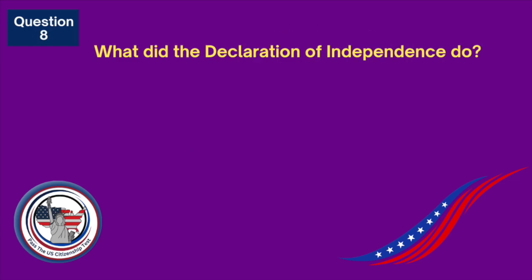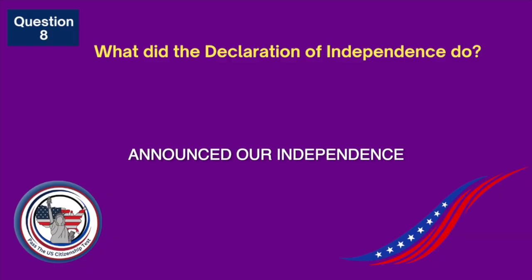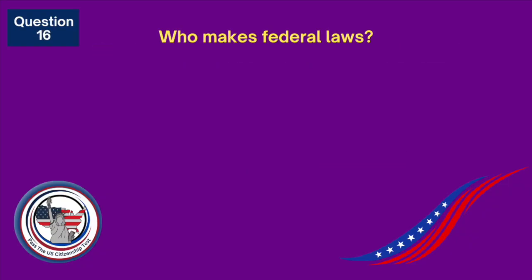What did the Declaration of Independence do? Announced our independence from Great Britain. Who makes federal laws? Congress.